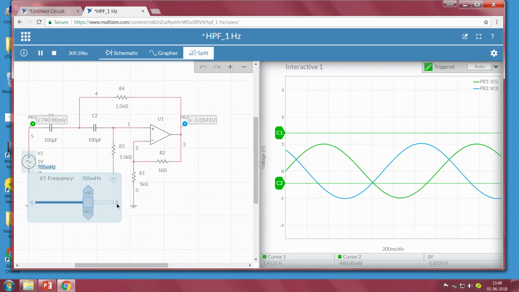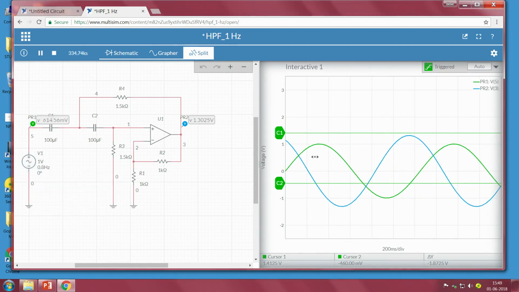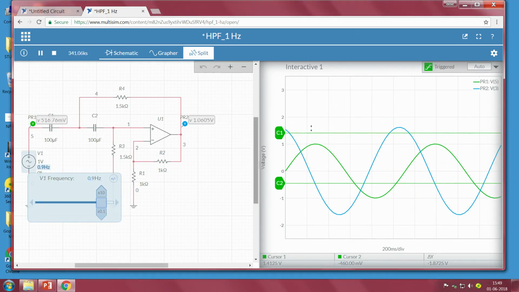Go to 0.8, coming close to that value. I will go with 0.9. So, the cutoff frequency is somewhere around 0.8 to 0.9.